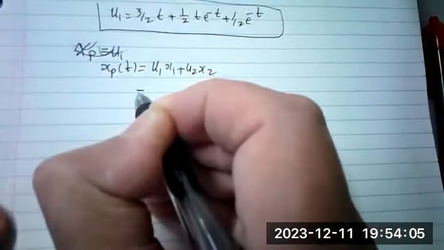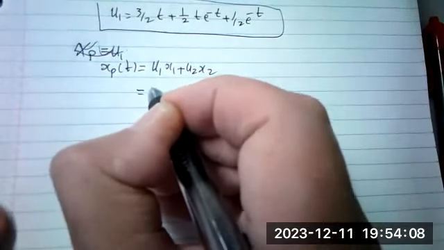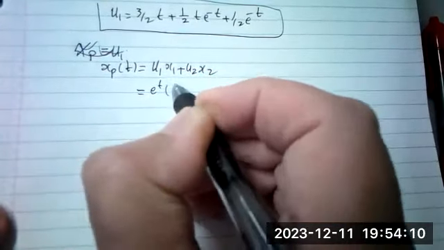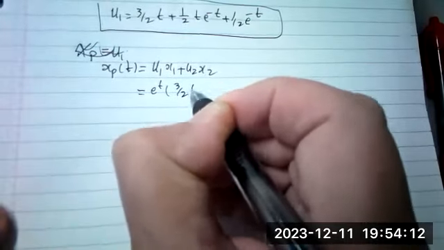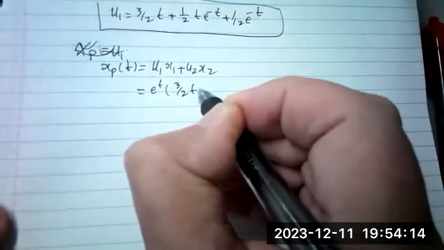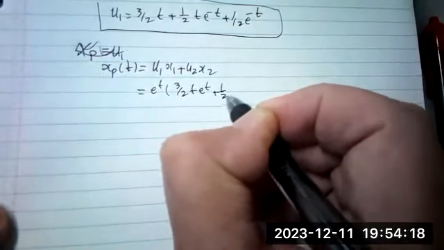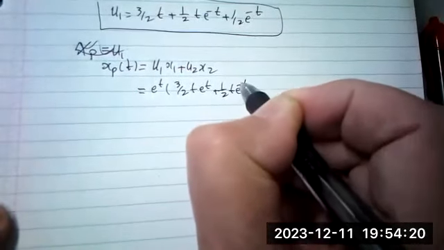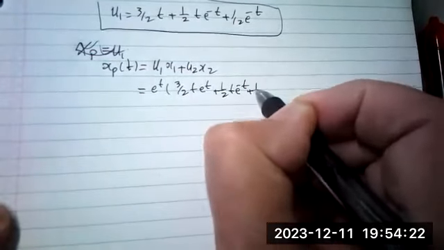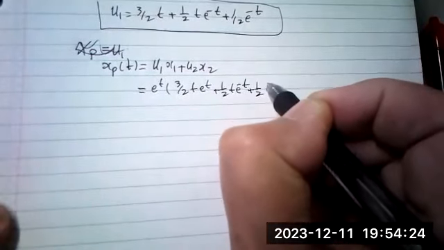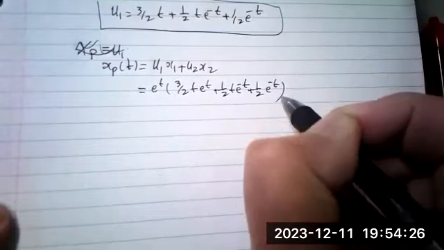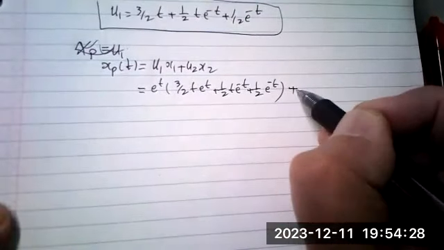Then you substitute. So that gives you e to the t times it by, just substitute those numbers, 3t e to the t, plus 1/2 t e to the negative t plus 1/2 e to the negative t, then plus U2.